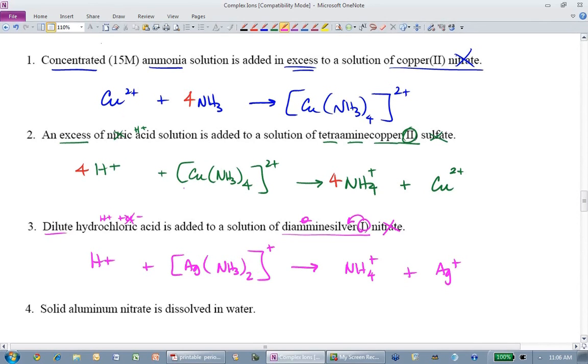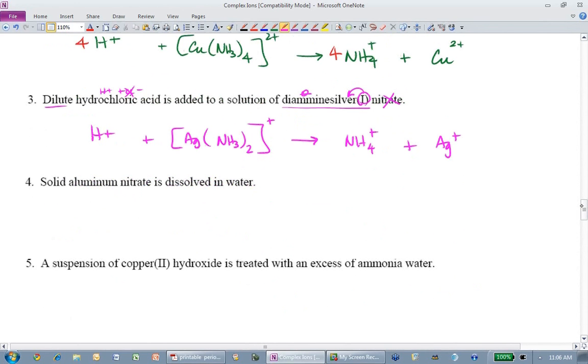Looking at number 2, 4 H pluses is +4. 2+ extra for the complex makes total of +6 over here. 4 pluses is +4, and a 2+ is +6, so check, check. So far, so good. In the one we just did, I have 2+ on the right, and I have 2+ on the left. So we're balanced. So be sure you're double checking, because if you make a mistake, that's a fast way to find it and a fast way to fix it. If you focus on a charged species, if you have choices where some are uncharged, you usually can find your mistake pretty quickly.